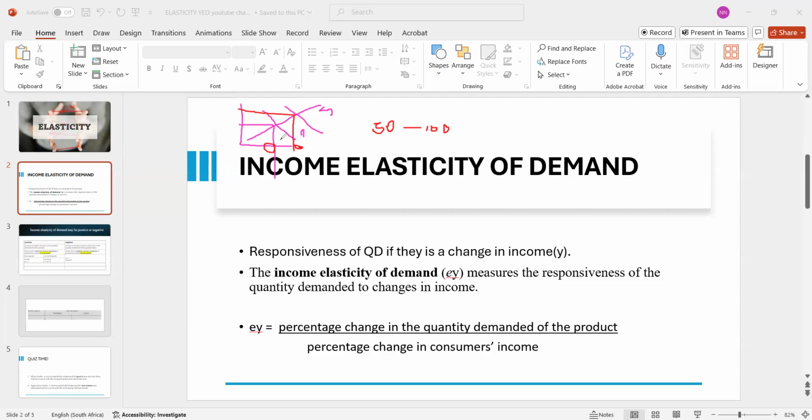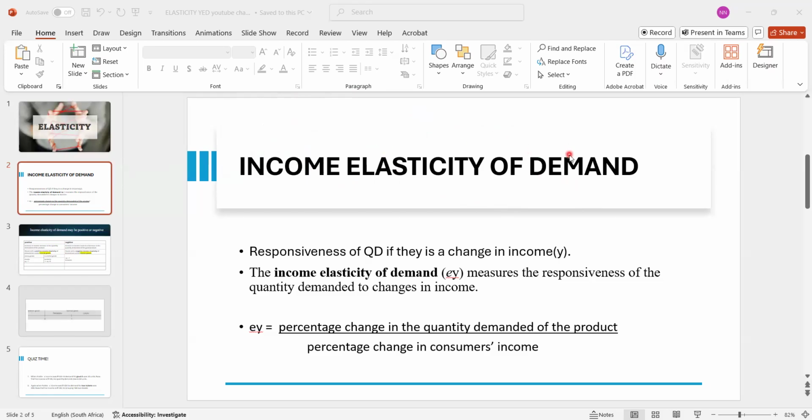Already they know that if the income is increasing, we're going to demand more. Fine, they know that. But by how much? That is what we're going to be trying to determine here, and in order to know by how much, we'll have to calculate the income elasticity of demand.